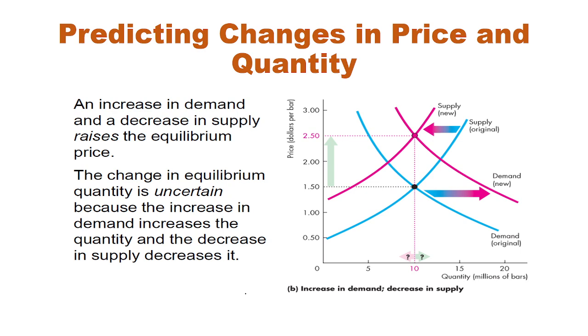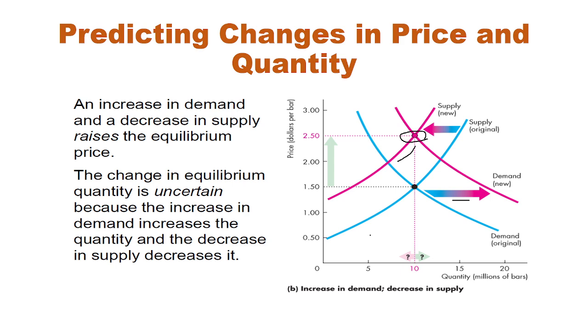And the final part, an increase in demand and a decrease in supply, raises the equilibrium price. An increase in demand shifts the demand curve to the right, and a decrease in supply shifts the supply curve to the left. And the new equilibrium price is where the new supply curve meets the new demand curve.